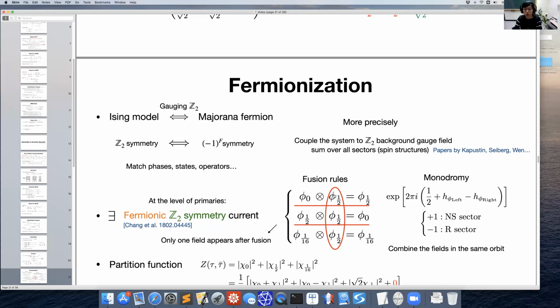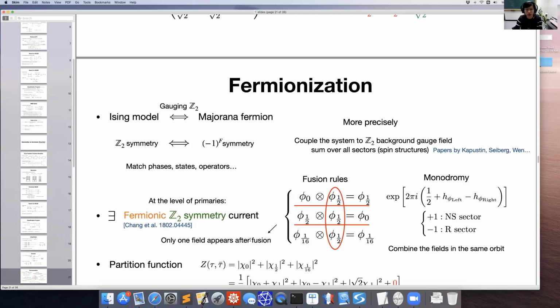And if you fuse it with other fields, you always get only one field on the right-hand side. In the CFT literature, this is known as a simple current. So phi_1/2 is a simple current, and it is fermionic because it has weight 1/2.